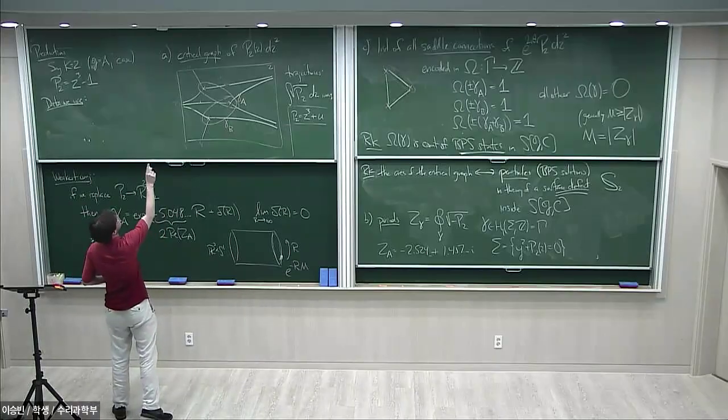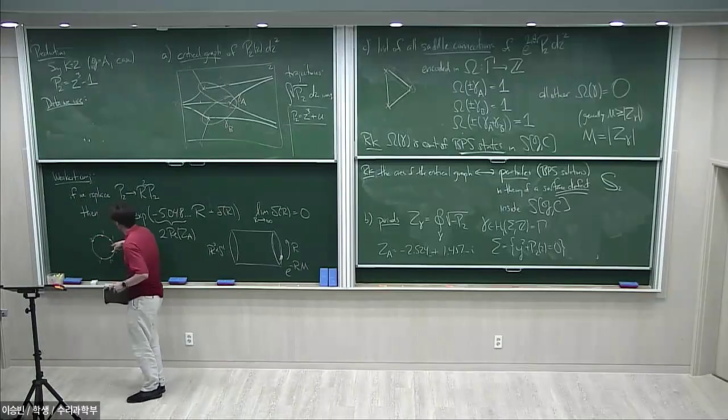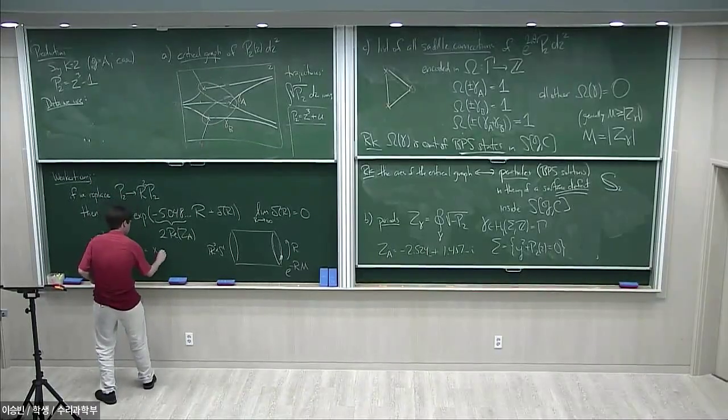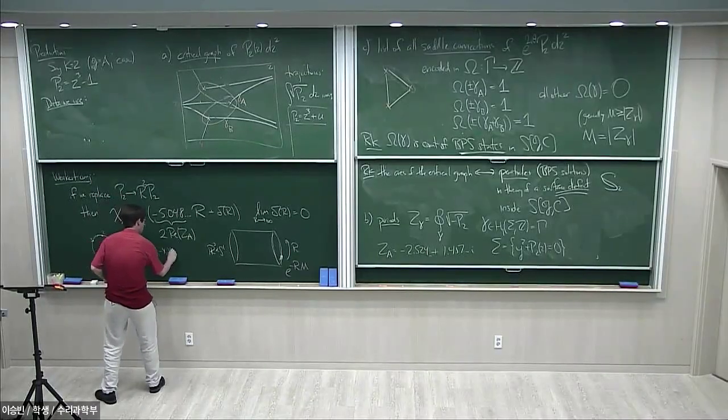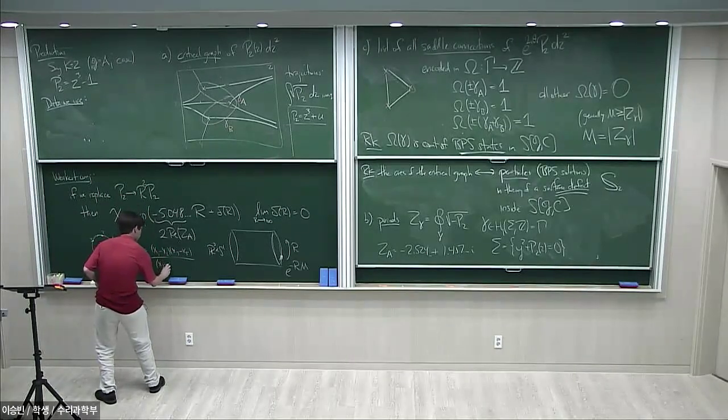It's like 1, 2, 3, 5. Think of labeling these points by real numbers. This is RP1, so think of 5 real numbers. Then it'll be x1 minus x2, x3 minus x5, divided by x2 minus x3, x5 minus x1.